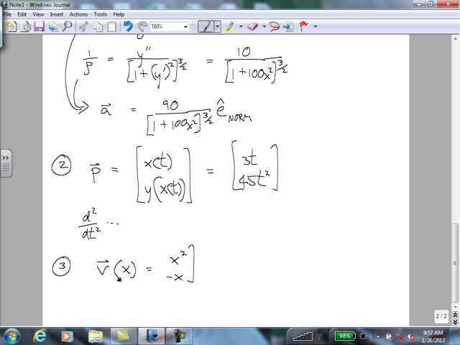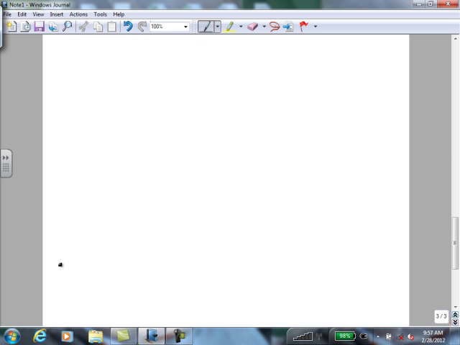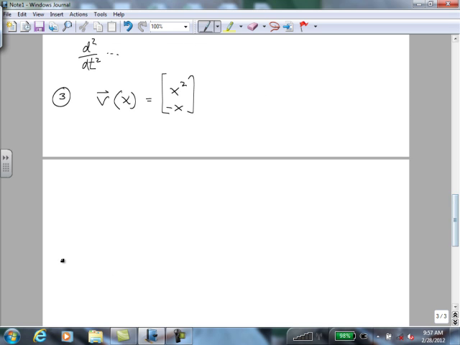The third one, you have the velocity vector as a function of position. Using the chain rule, this is really easy. The acceleration vector is dv/dx times dx/dt, and that's dv/dx times the x component of the velocity vector, which you have.